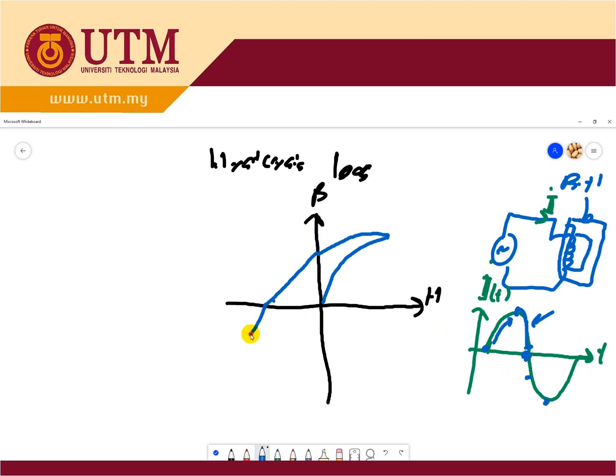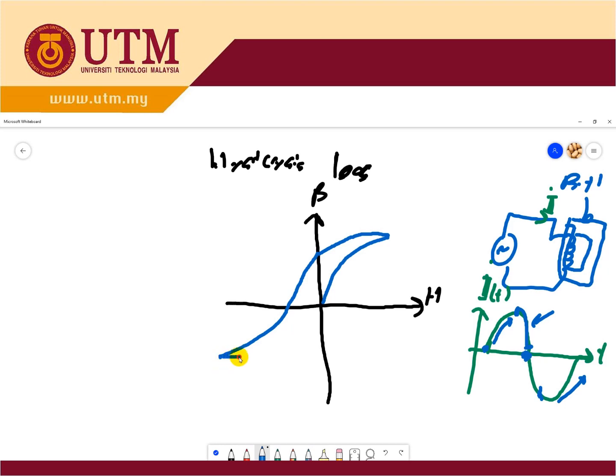Same as here, it will saturate, but in the different direction. Then at this point it will change back to this direction, but remember that B tends to be kept at its position.